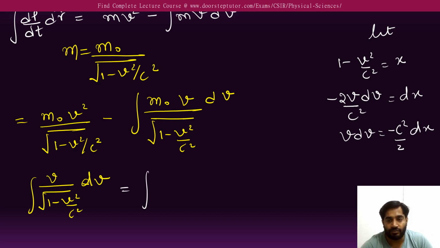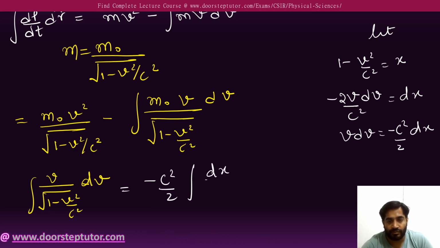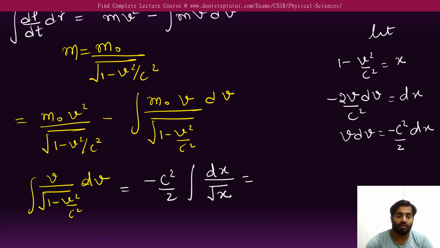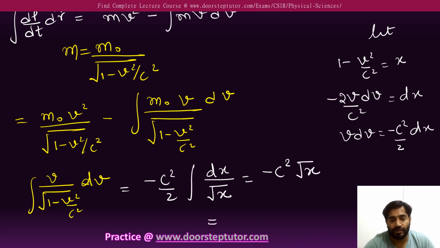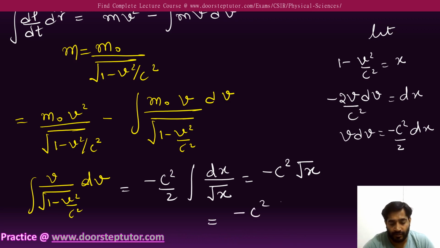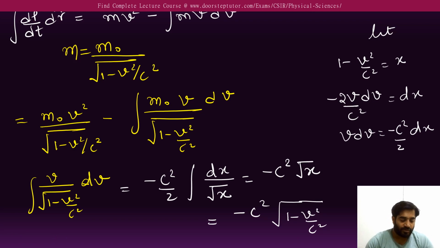Replacing the value, minus c square by 2 is a constant and we remain with dx over root of x. If I solve this, I get c square into root of x, so it's going to be minus c square root of 1 minus v square over c square, plus a constant, that is the indefinite constant.